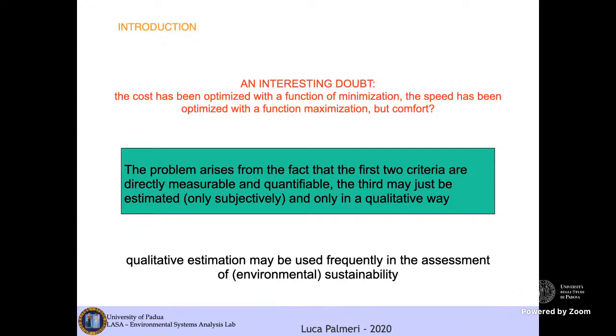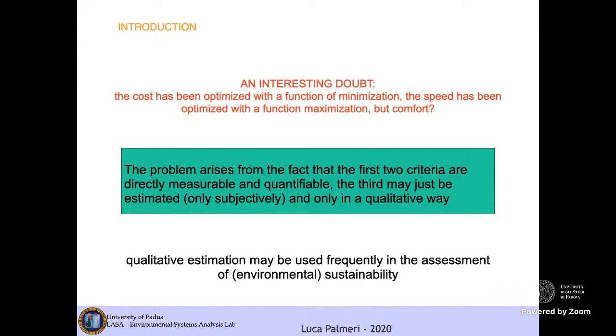Then I shall propose an interesting doubt. The cost, for example, has been optimized with a function of minimization. The speed has been optimized with a function of maximization. But what about comfort? The problem arises from the fact that the first two criteria are directly measurable and quantifiable. The third may just be estimated, merely subjectively and only in a rough or qualitative way.